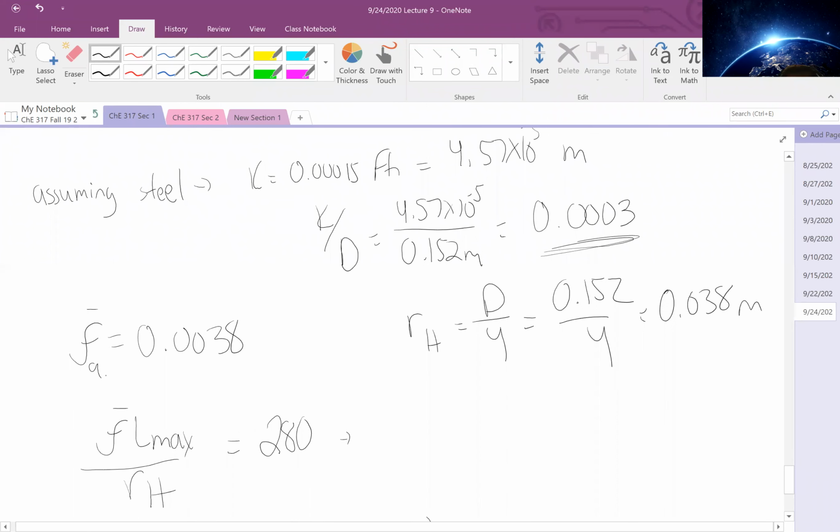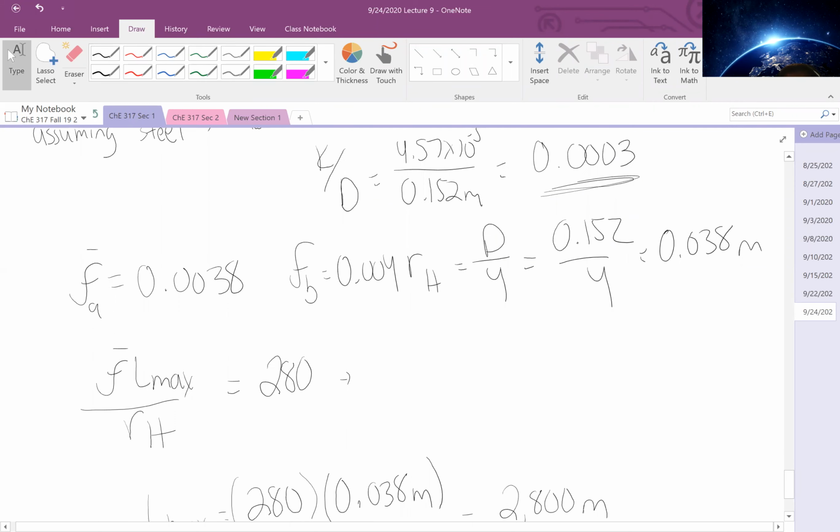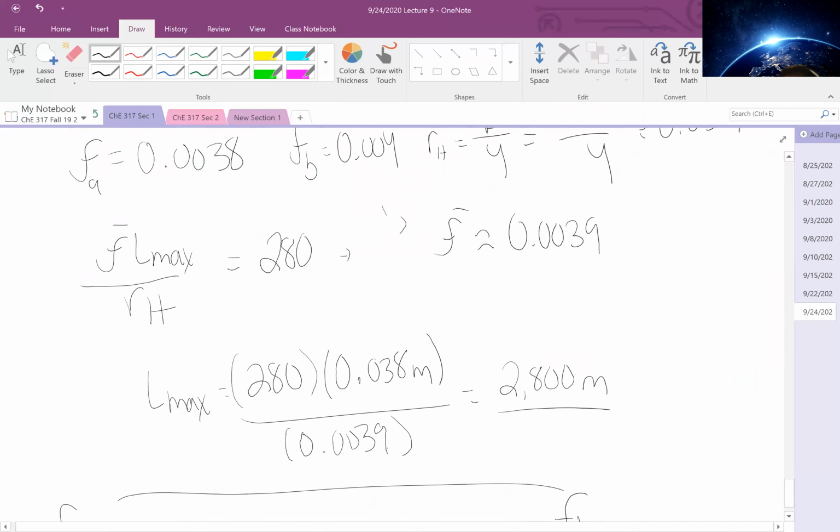So if FA is 0.0038 and FB is 0.004, here I'll separate this out, F bar is then about 0.0039, and then making that correction, you would probably find a slight decrease in that max conduit length. So instead of 2800, it's 2728.